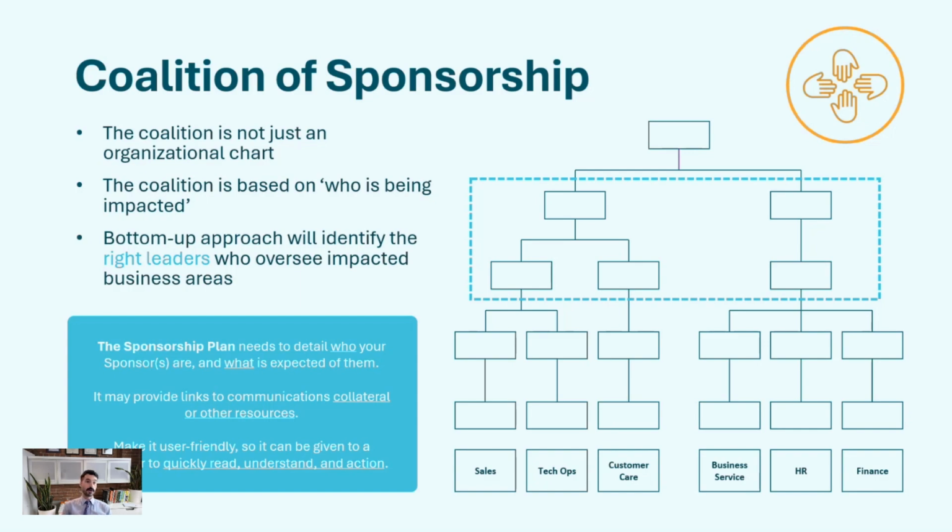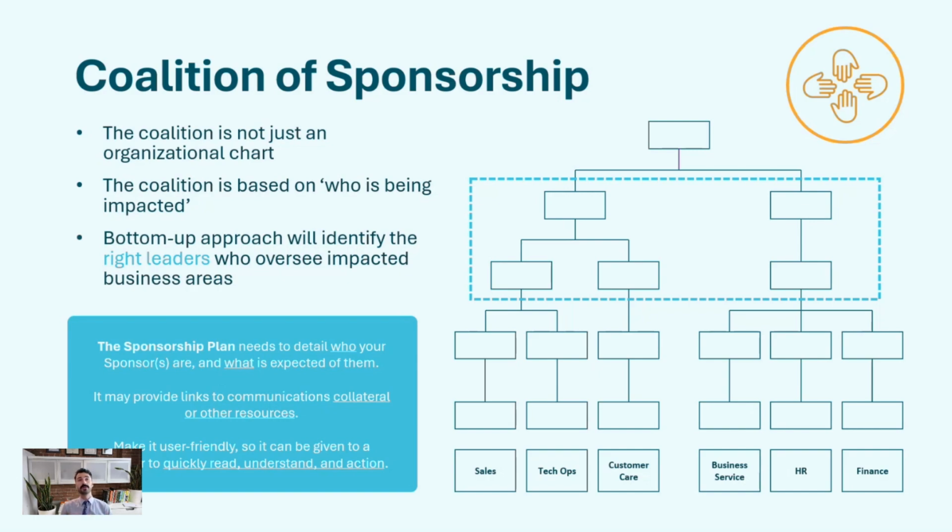Look at all the business units and business functions in your organization, follow the reporting structure up a little bit, or look at who is influential in those different lines of business, and roll that up until you get to the right level of usually relatively senior leadership. This might be people commonly at the director level. I find it could be people at the VP level. It could be senior managers as well, but typically it's people fairly senior in the organization who have responsibility over a number of business areas.